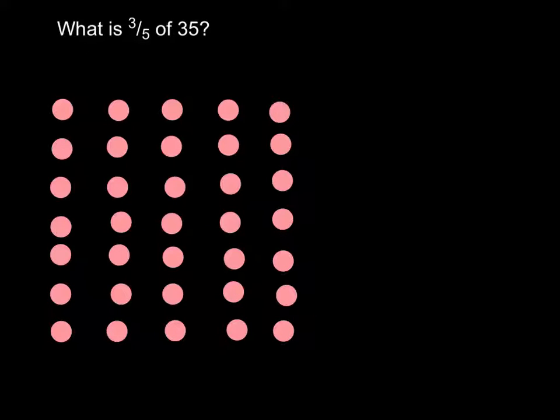Our first problem is, what is 3/5 of 35? And I'm going to just quickly review the way we did it last night. So I've got an array of 35 circles, and I noticed that my denominator was 5, so I have created my array so it would be easy to make 5 groups.